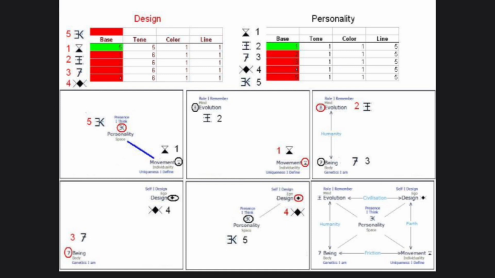The 2 back to the 1, the 3 back to the 2, the 4 back to the 3, the 5 back to the 4, and then all over again, the 1 back to the 5. And you can see the progression and the way in which it works. In other words, the personality bass always has a design bass that is one bass behind it. And this is called bass shift.